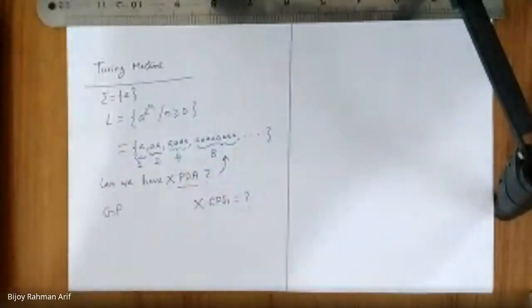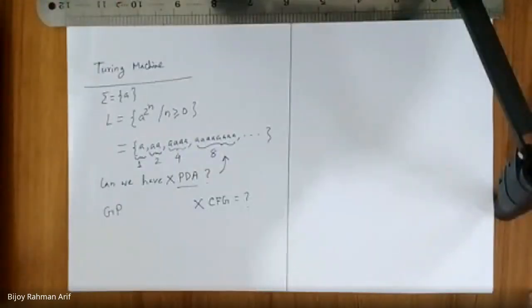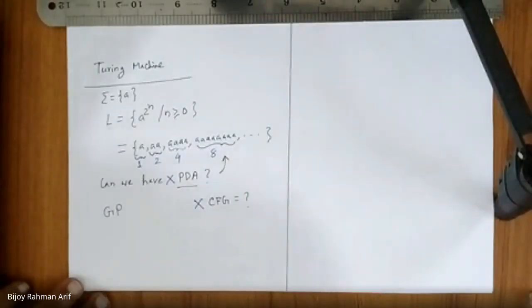The problem is the number of times it is increasing. That cannot be caught using any loop. It is not possible. Did you get the point?